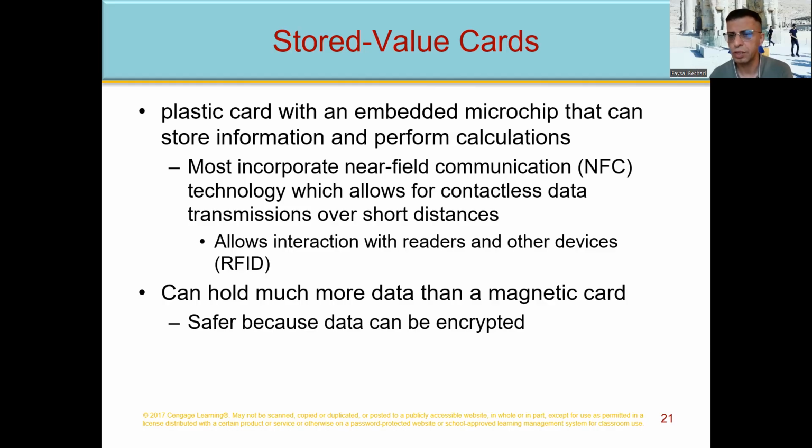Near field communication stands for NFC technology, which allows contactless data transmission over a short distance when you're tapping the cards. It uses RFID technology and allows interaction with readers and other devices. It also can hold much more data than a magnetic card and is safer because the data can be encrypted. I can explain what an RFID is and how it works.